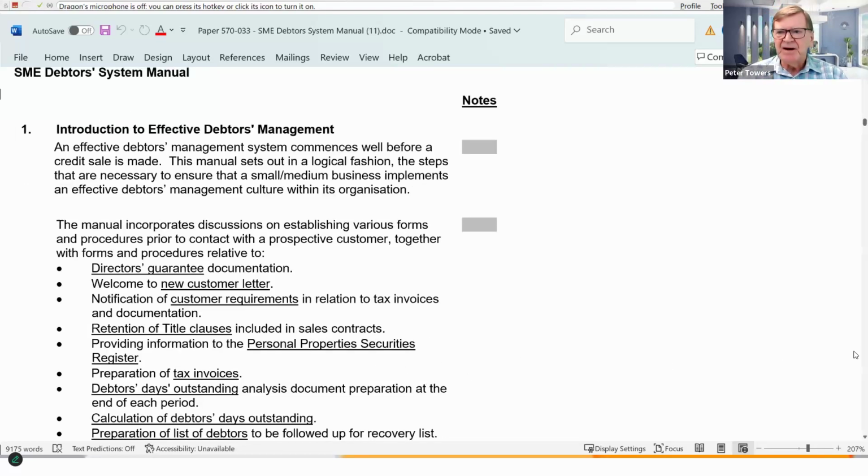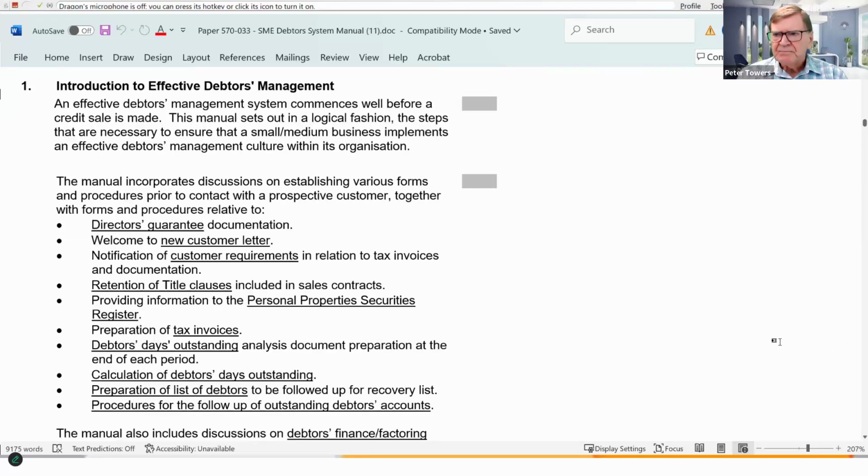The other key areas is, let's look at some of the important documents that relate to effective debtors management. Director's guarantee, very important. The welcome to new customer letter is vital, I think, to establish the rapport with this new credit customer and to set the parameters, if you like, the rules.